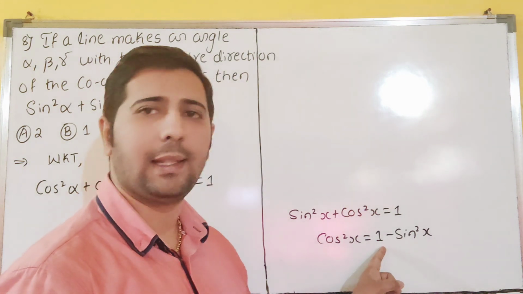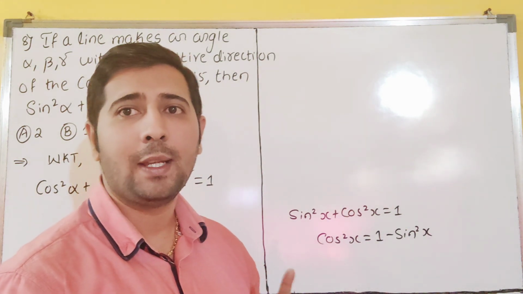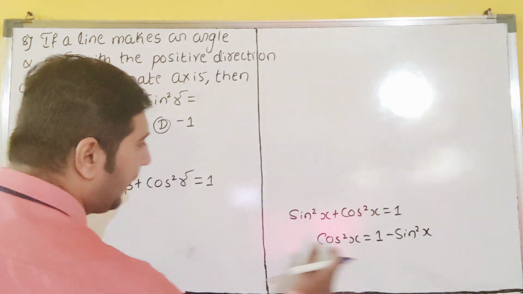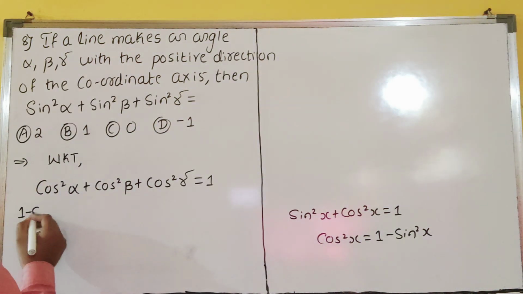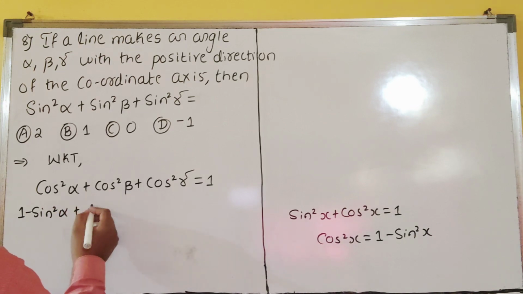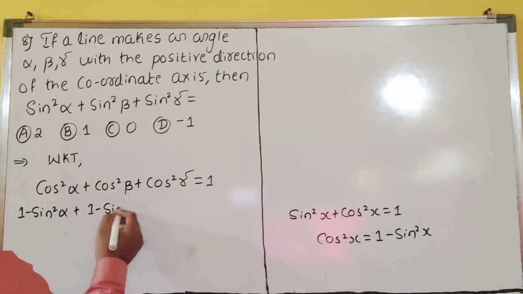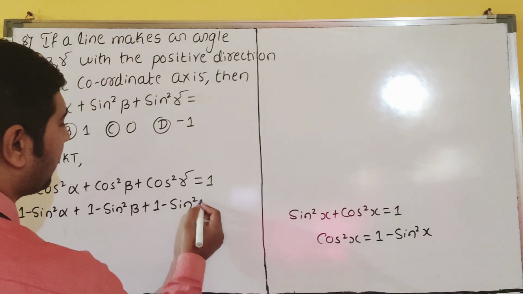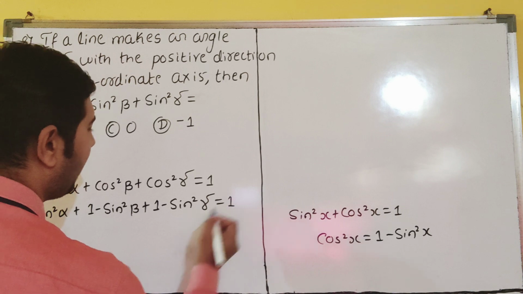So cos square x is nothing but 1 minus sin square x. Now you see here. So similarly cos square alpha, what can I write? 1 minus sin square alpha I can write. So cos square beta is 1 minus sin square beta, and cos square gamma is 1 minus sin square gamma, and the sum is equal to 1, dear students.